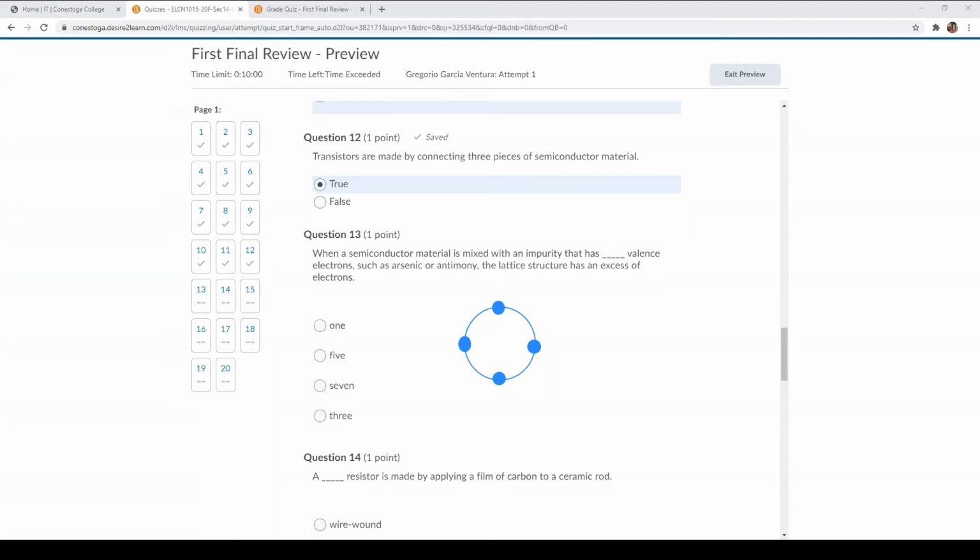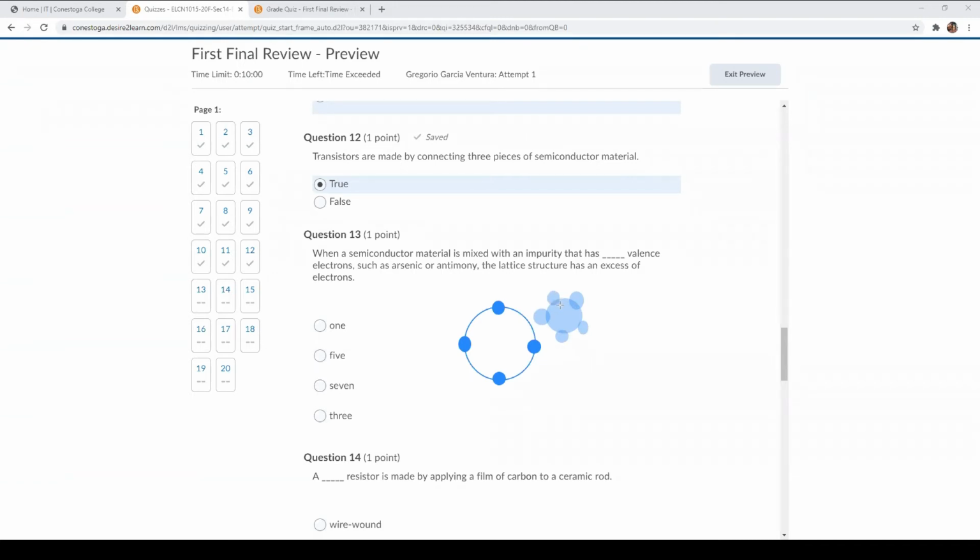okay, so I'm just going to use something else to signify that we have an impurity here, and that impurity has 5 valence electrons. So in that instance, the 4 electrons are going to share valence electrons with all the neighbor atoms.